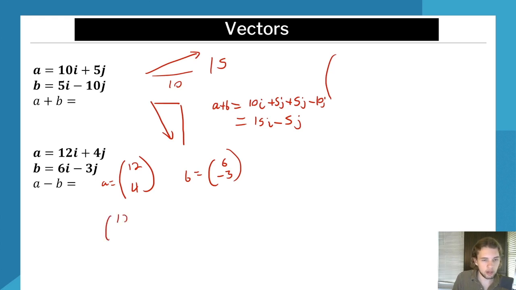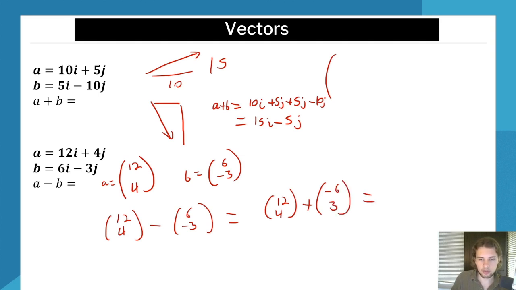We have 12, 4, minus 6, minus 3. And then we can use our normal understanding of maths to flip it to a plus, and flip all the signs inside these brackets. So the resulting vector would be 6, 7. This is the line that goes from B to A. This is the vector, sorry.